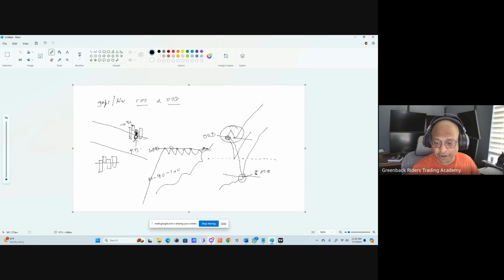You may have your body gap right here, and you will need to keep an eye on that. It is better if it goes deeper into the body gap, and then we find this, you buy here. Now you buy here, and you look at what this leg was, and you try to get a 1:1 of this leg. So this is how you trade a breakout pullback.